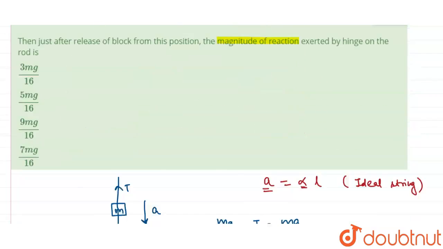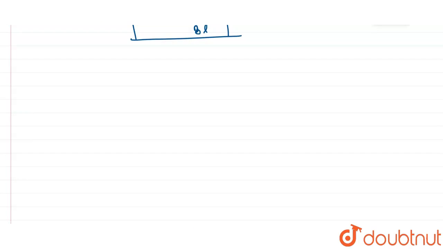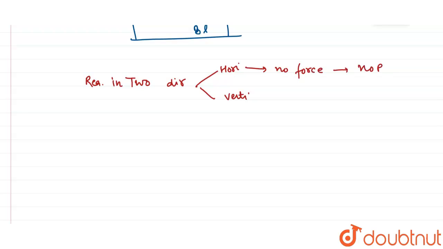The hinge basically exerts two reactions, one in horizontal direction and the second in vertical direction. In horizontal direction there is no force, as you can see in the diagram, that means in this direction there is no reaction. So we have to basically find out the vertical reaction, that is Ry.